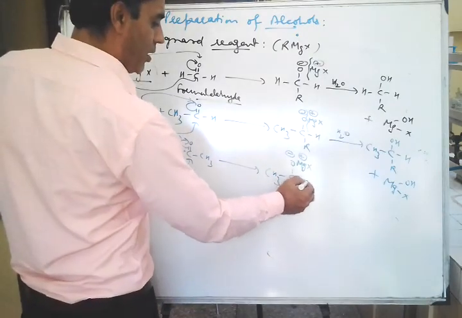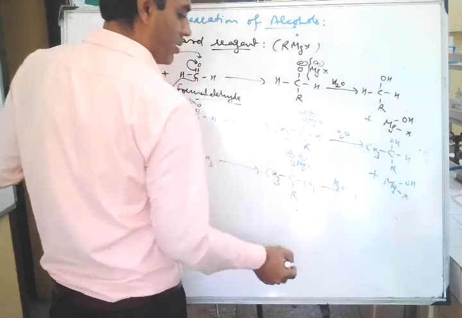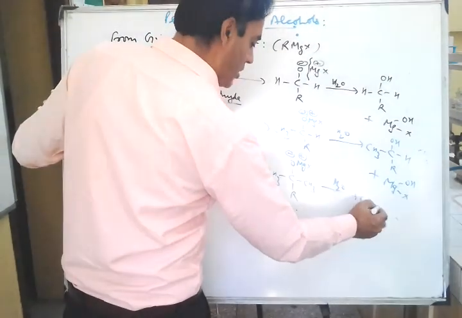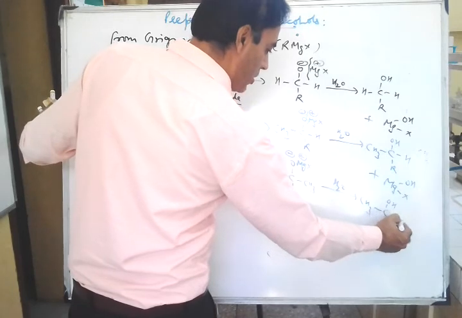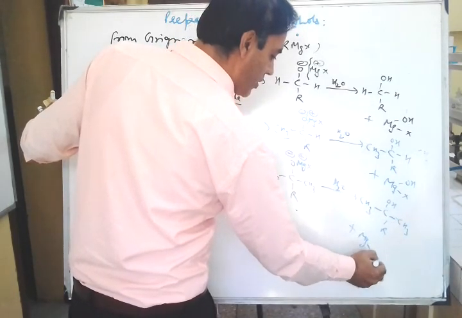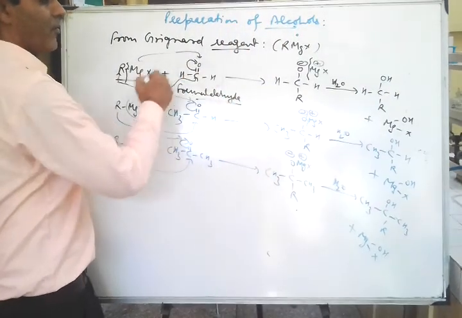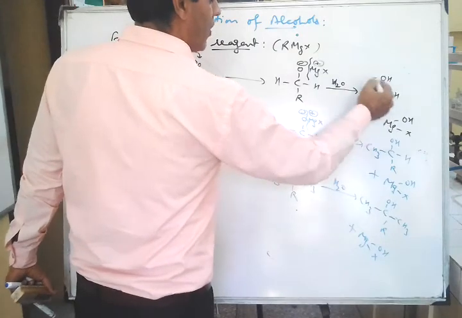So here will be R and here will be CH3. Reaction with water, right? So you will write here CH3 and here will be OH, CH3, here will be R, plus MgXOH.